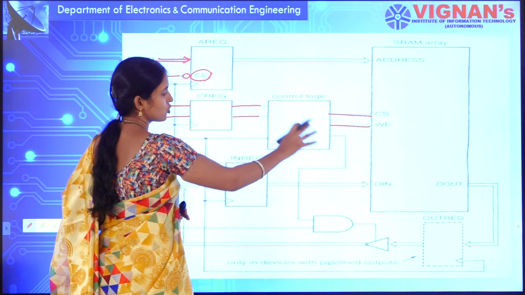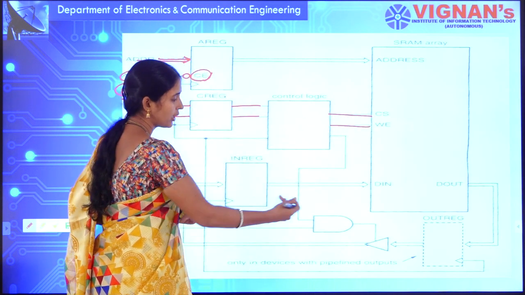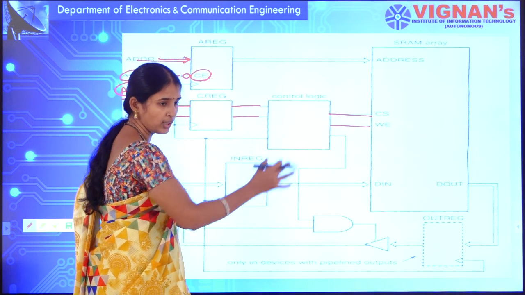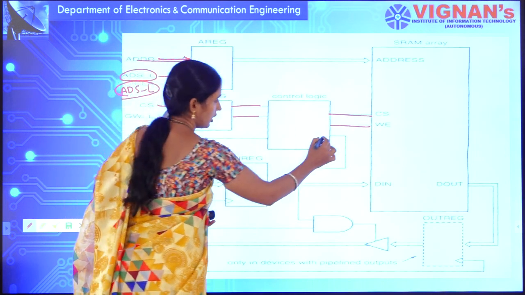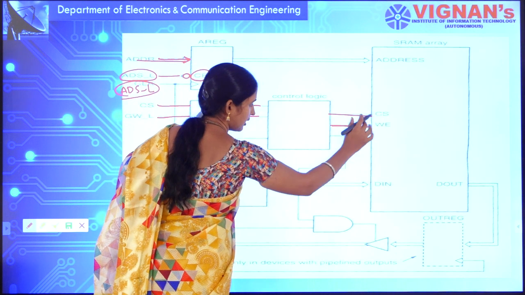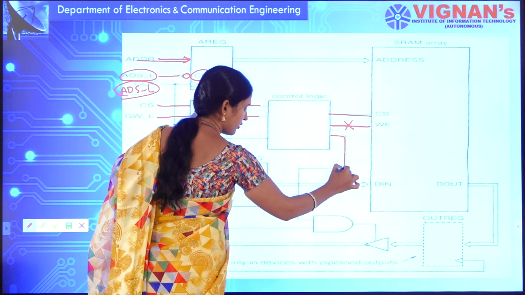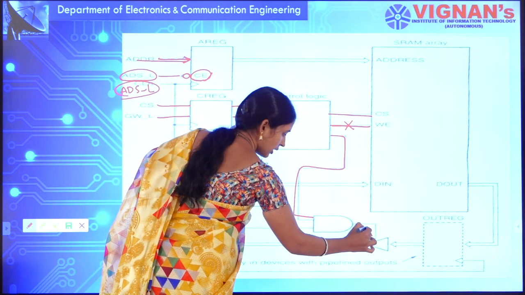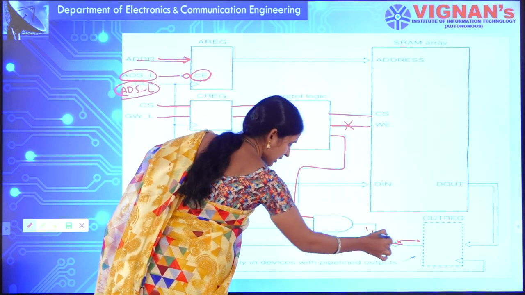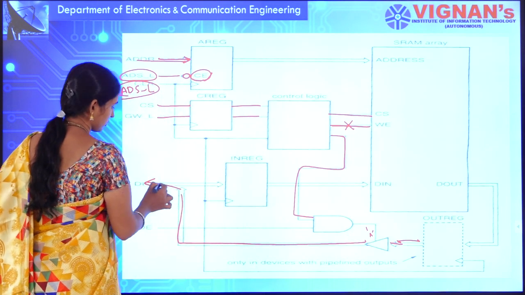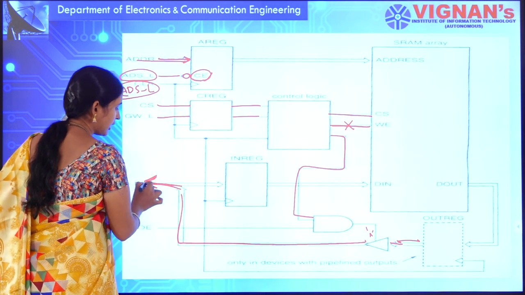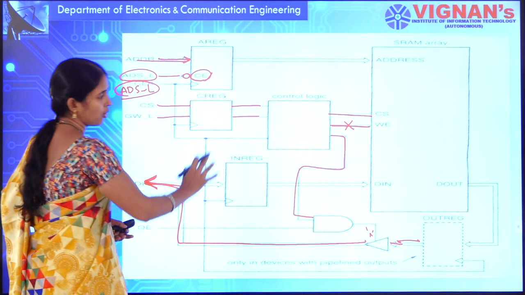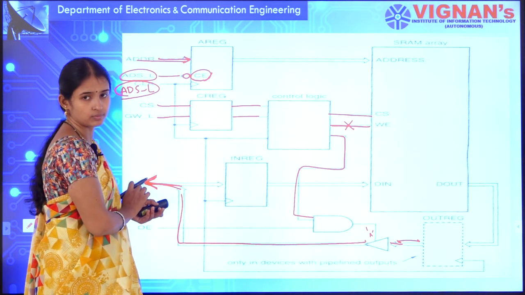If it is not writing, you can read the data. If you want to read the data, that means it is not writing the data, then it will be given to the read data. This will be asserted, so whatever data is there, you can read only in this direction, from that memory to the output.